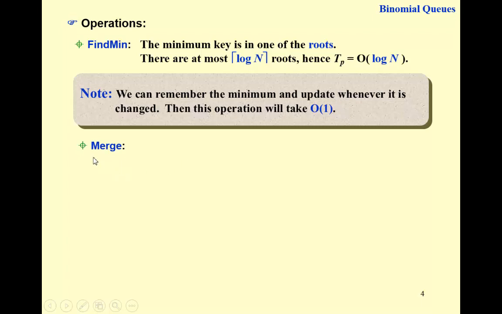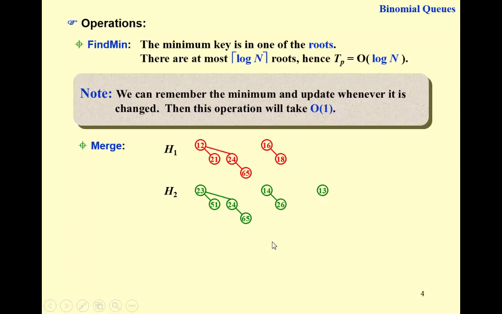Alright, the next important operation is merge. Now let's take a look at this example. Suppose we have two heaps and we want to merge them into one. What must we do? Just look at them. Does it remind you of anything?